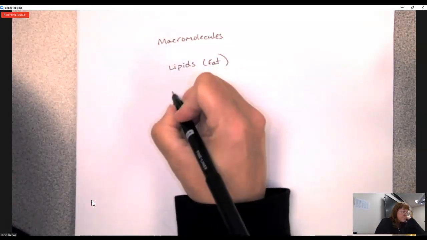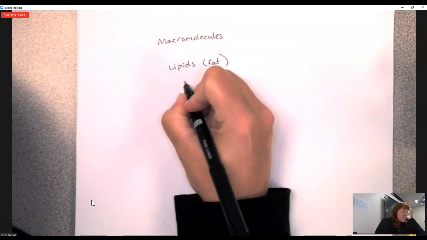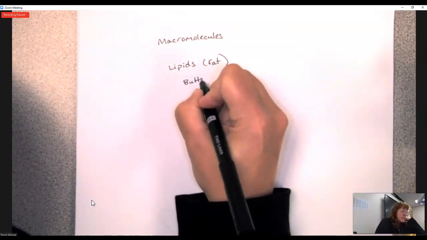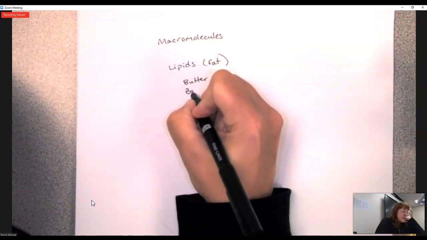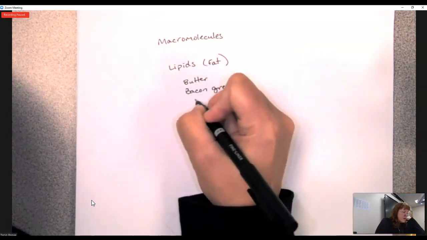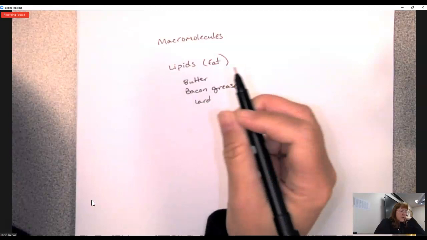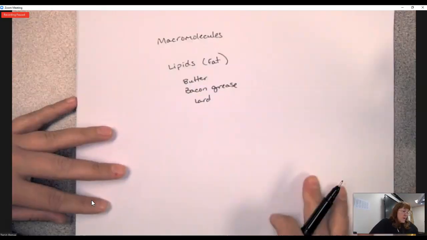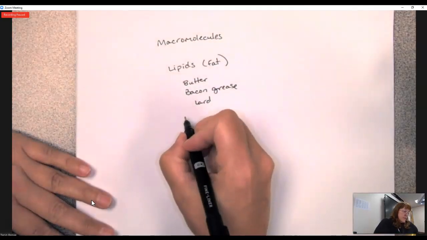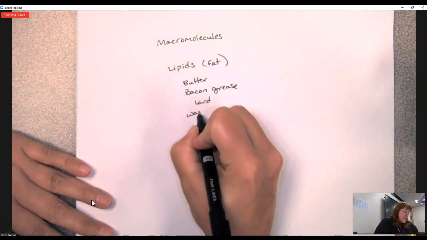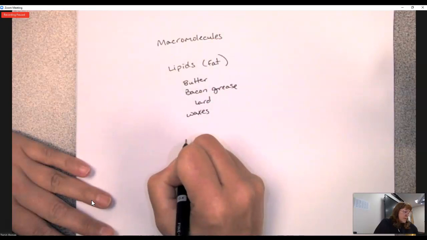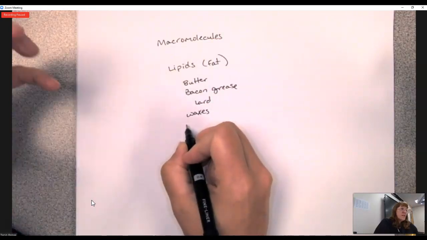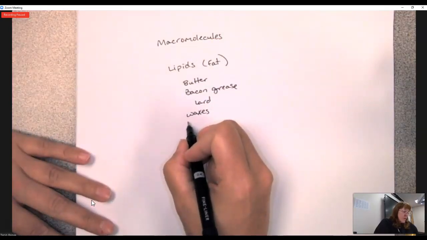And some real life examples of that would be like butter, bacon grease, lard if you've ever made refried beans that are traditional and contain lard. What other things could we say? So waxes also repel water, so we can imagine like a succulent leaf, they're kind of waxy, or duck's wings.